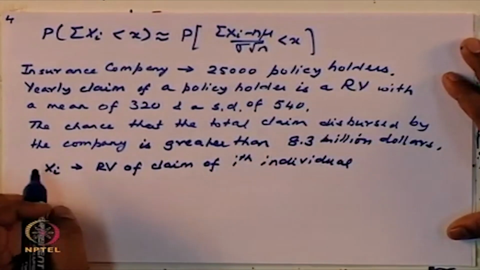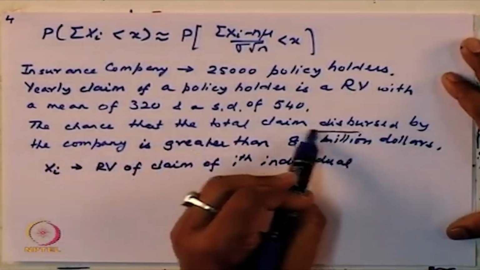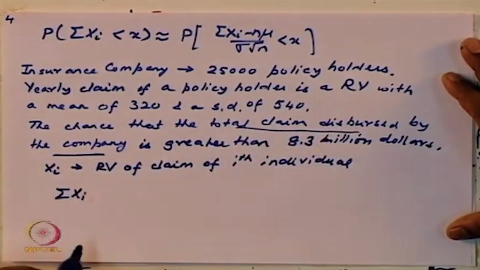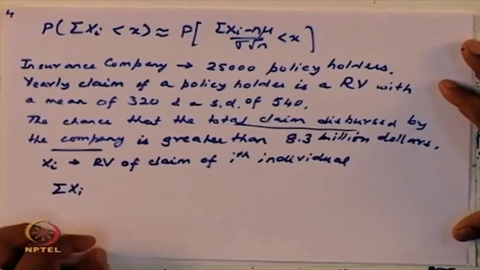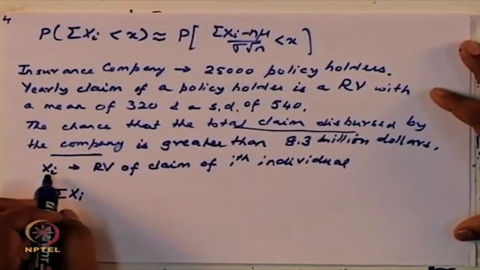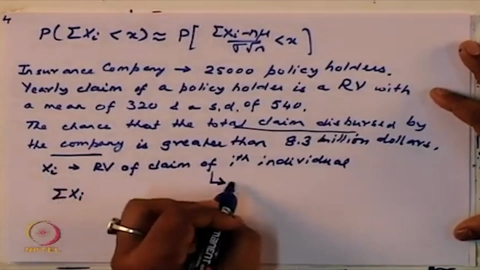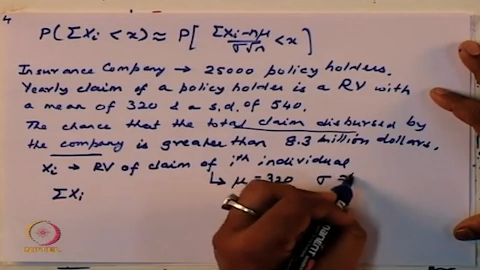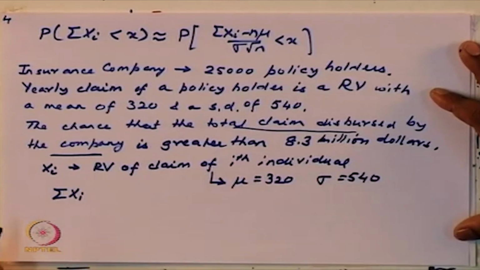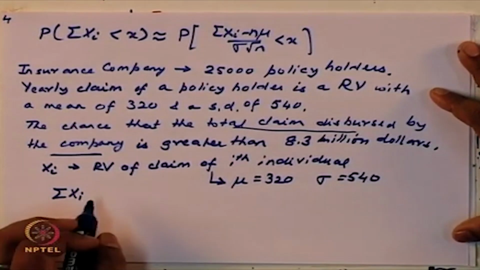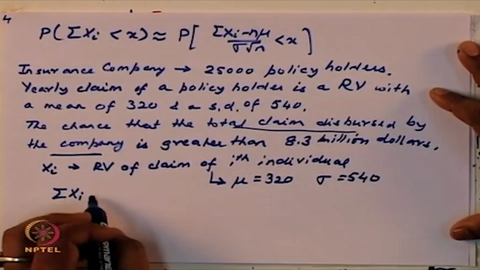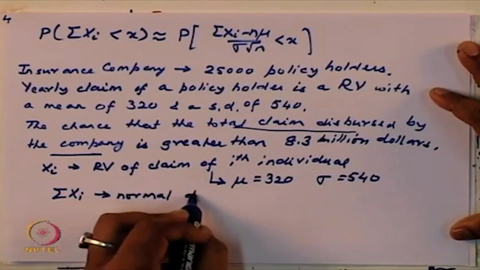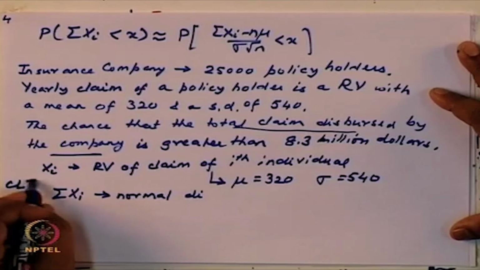So, the total claim disbursed by the company is going to be summation of xi. Each xi has a mean equal to 320 and sigma equal to $540. Okay. So, my summation xi must follow a normal distribution. So, this is by central limit theorem.